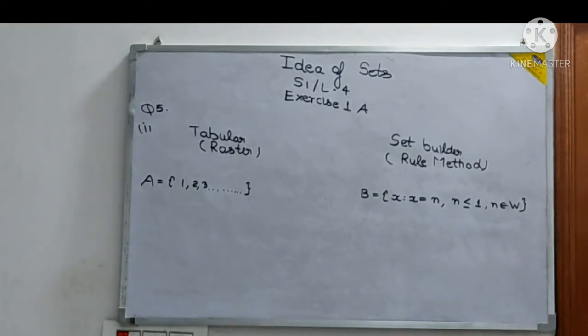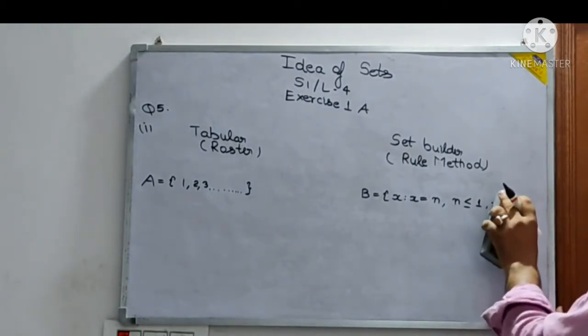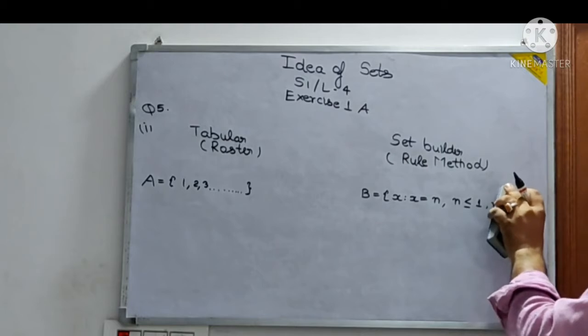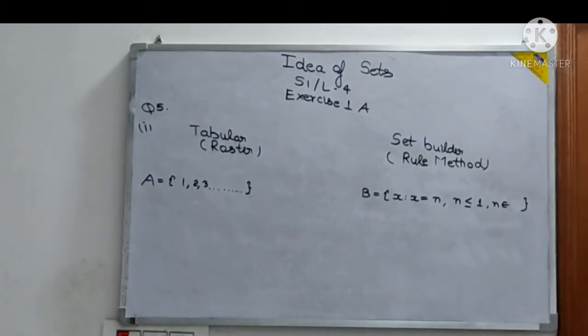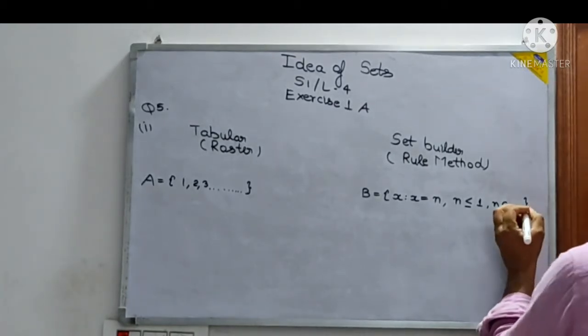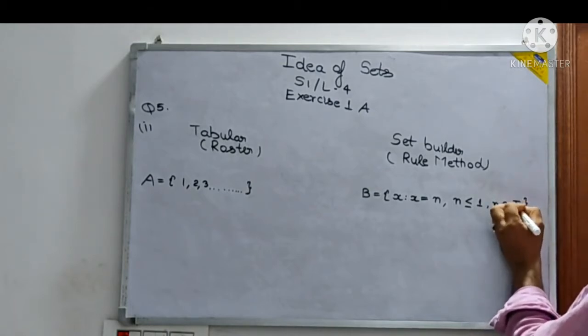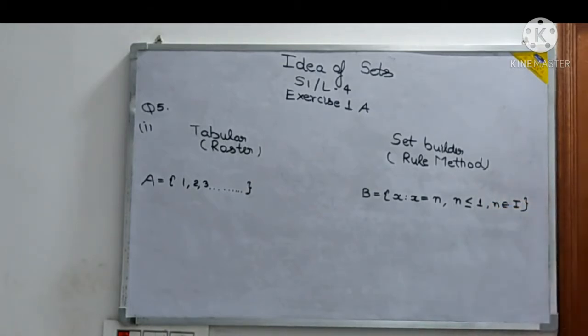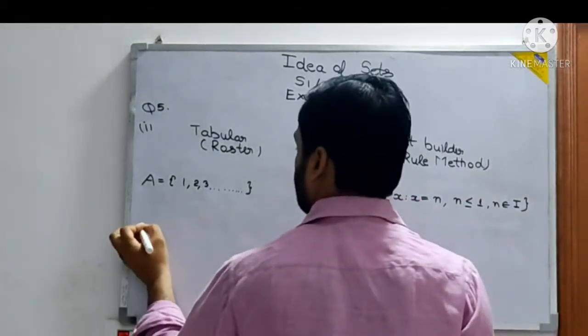Or you can write n is an element of integers, that way also would be correct. Clear? That is the method for the first one.